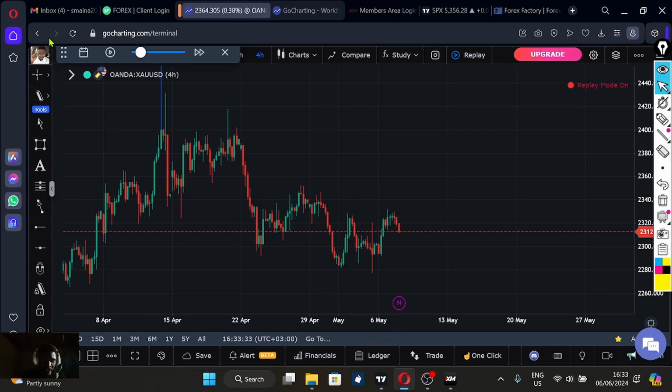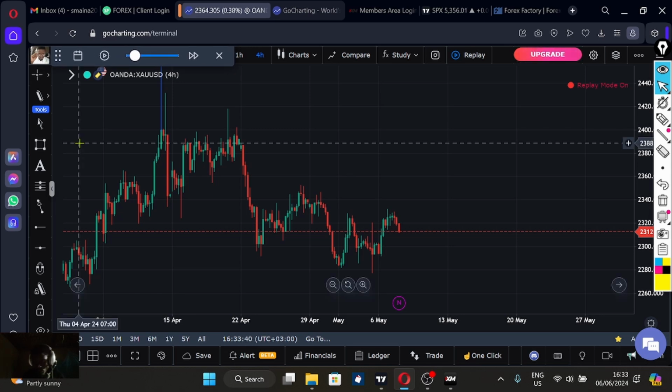If your account has $100 or $500, you need to use a mini lot, or you need to use a volume of 0.02 or 0.03 if you have $500 in your account.